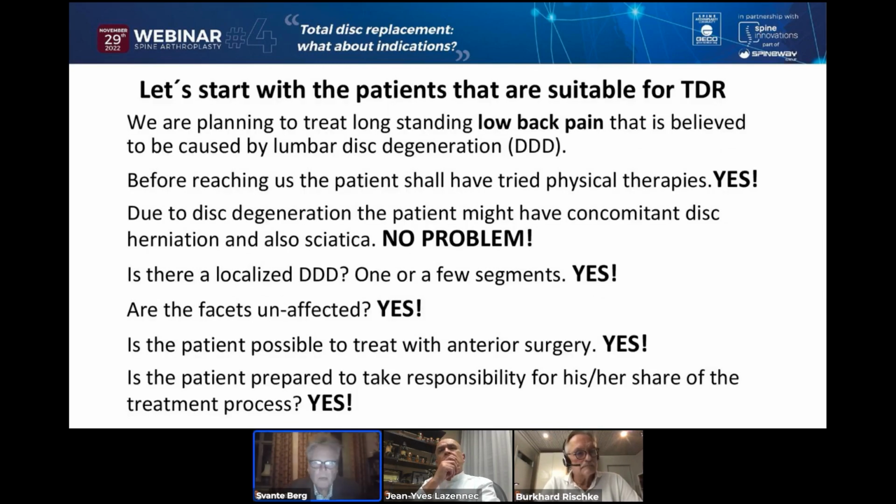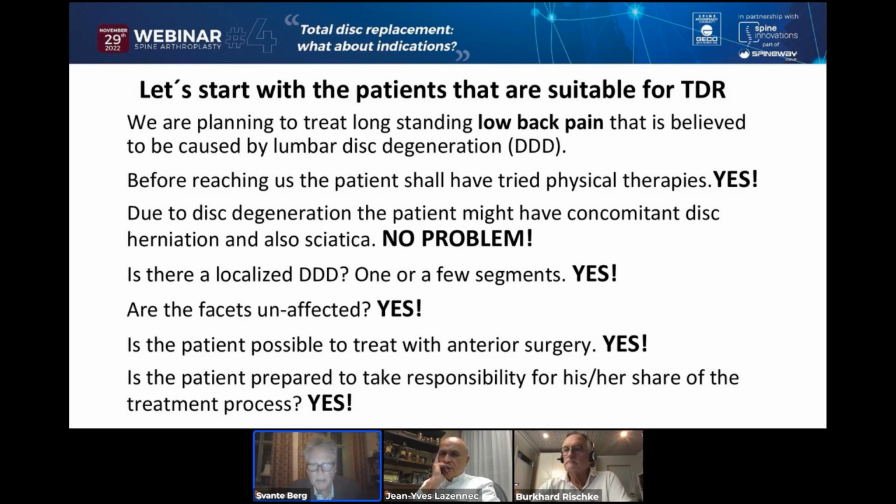So let's start with the patients that are suitable for TDR. We are planning to treat long-standing low back pain that is believed to be caused by lumbar disc degeneration. Compared to the cervical, we accept patients without sciatica or radiating pain. We can treat people that only have low back pain, but several of them also have radiating pain.